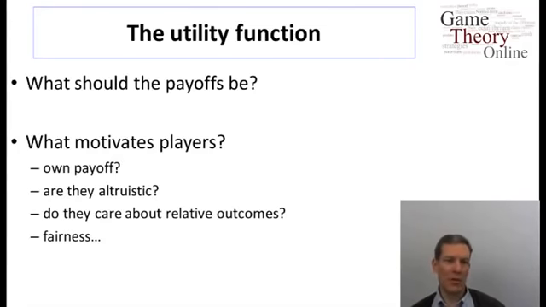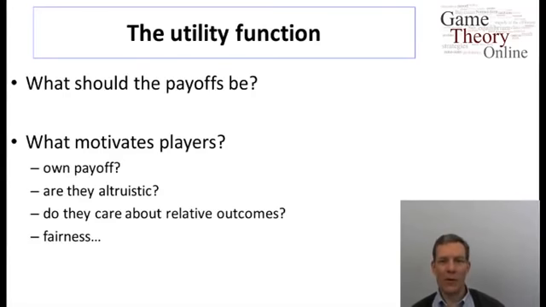So if we're in a situation where there might be relationships between the players, there's friendships or families or other situations where one person cares about another, they might care about how the outcome affects the other person in evaluating what the payoff should be for a particular set of actions. Do they care about relative outcomes? Is it a situation where they want to be better than somebody else?